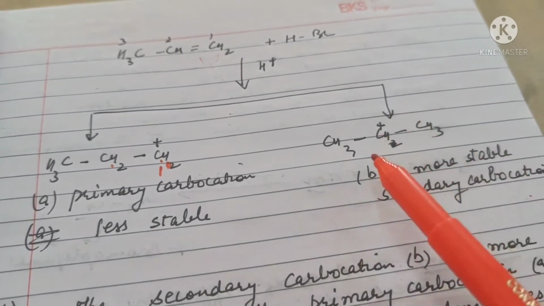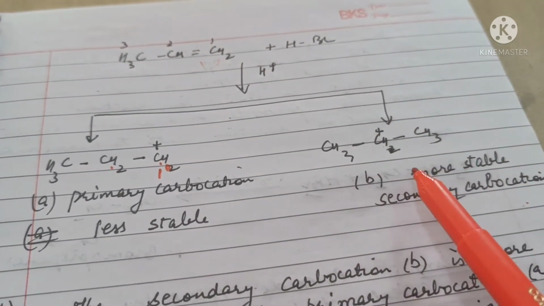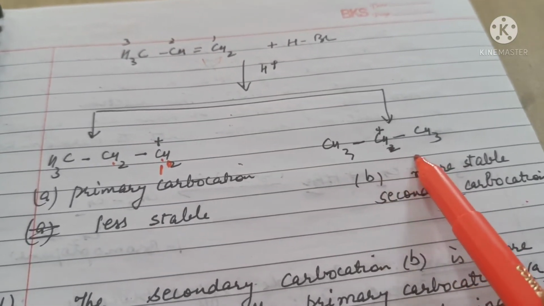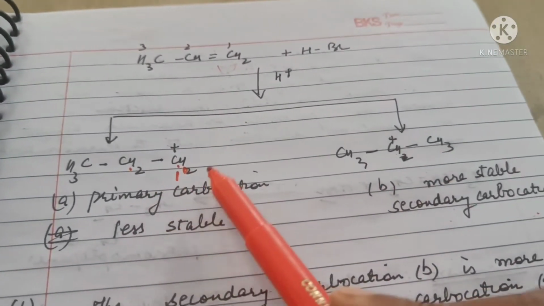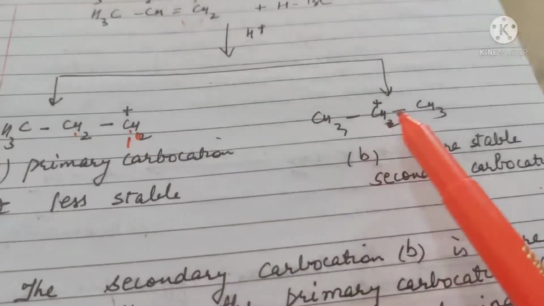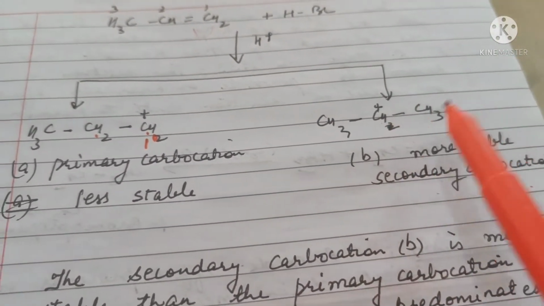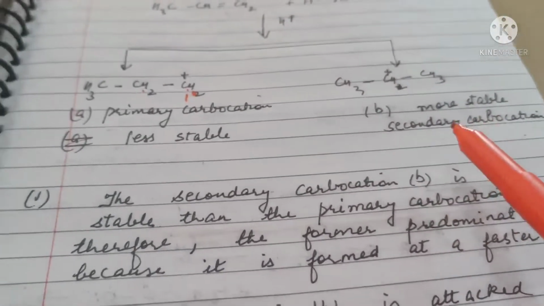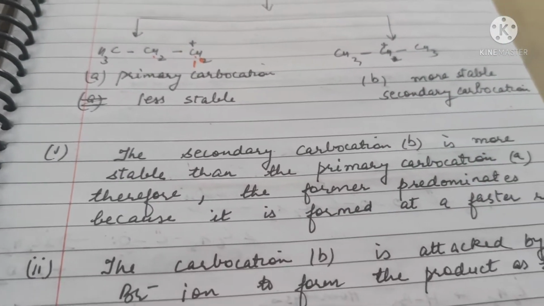But because the secondary carbocation is more stable, the possibility of this being formed is greater. Even if a primary carbocation is formed, in order to stabilize itself, it gets converted to a secondary carbocation. So this is the major intermediate.